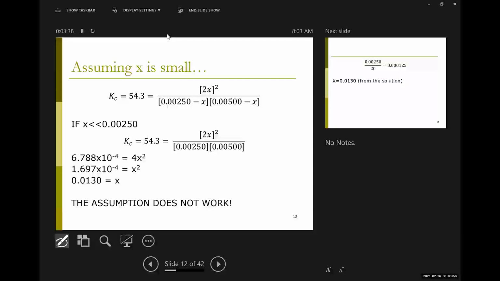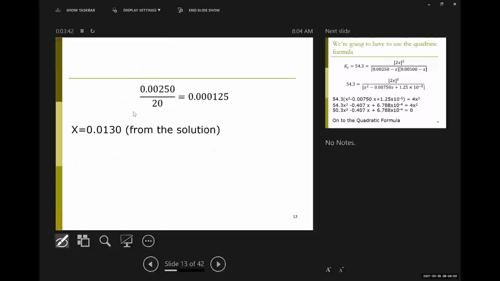And again, my 5% rule says that my standard for small is 5% of the number I'm comparing it to. And so, you know, multiply by 0.05 or divide by 20, however you'd like to look at it. And so from the moment I made the assumption, my standard for small was 0.0025 divided by 20, 5% of 0.0025.